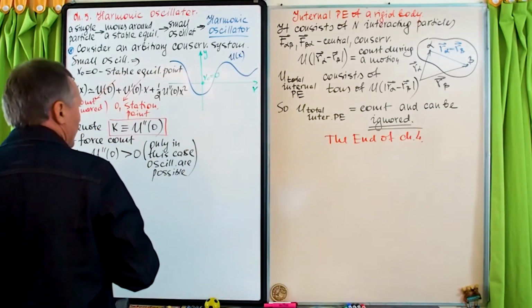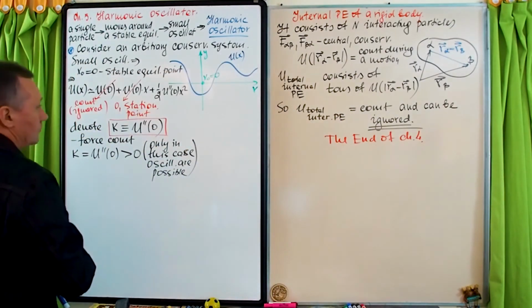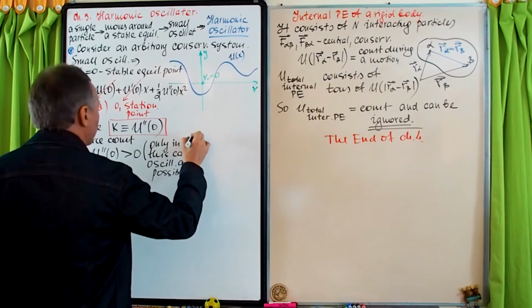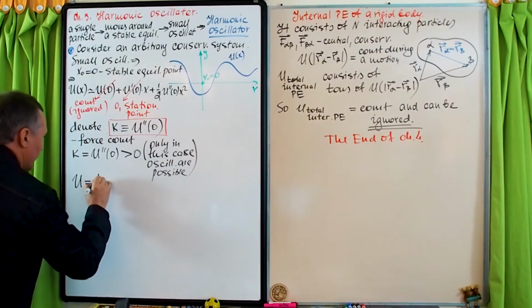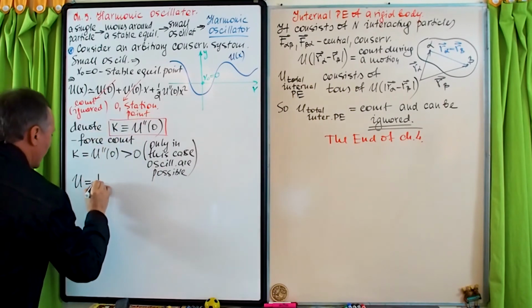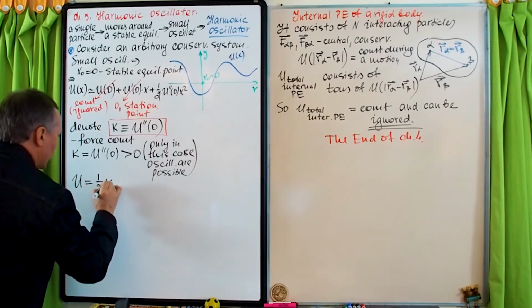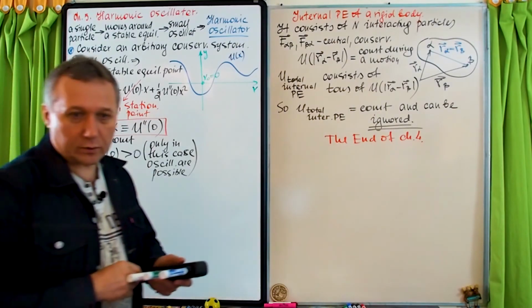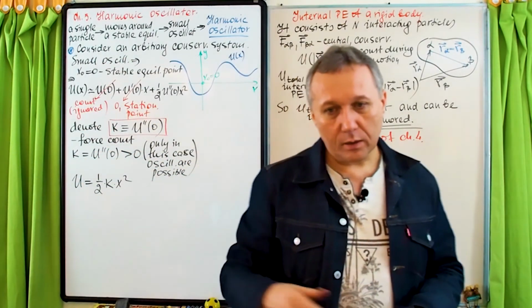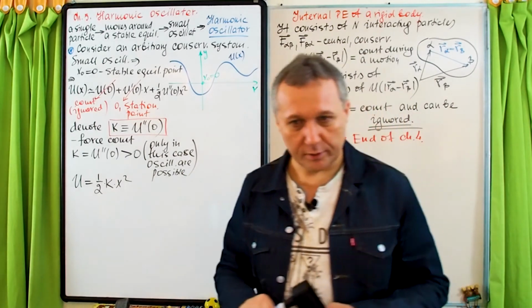And as a result, of course, we can write potential energy equals, just rewriting this, 1 over 2 k x squared. So basically, Hooke's law written in the form of potential energy.